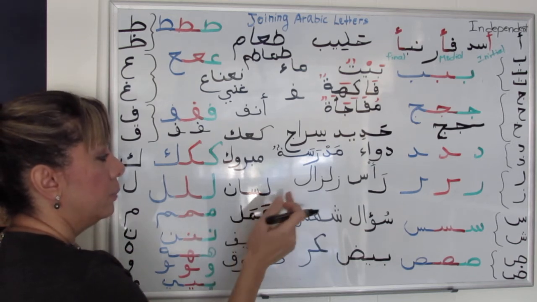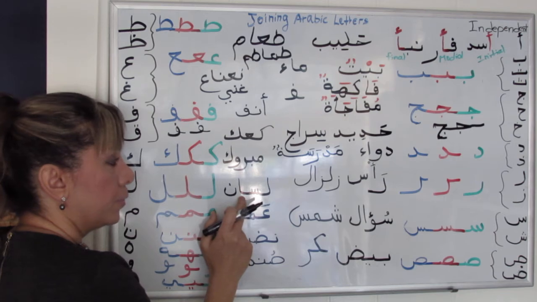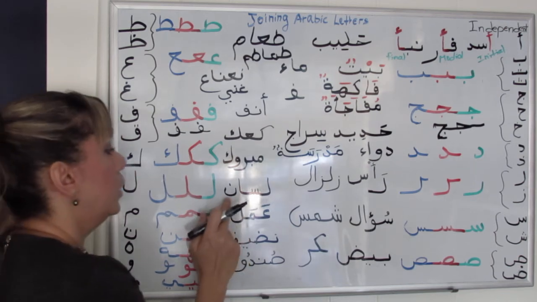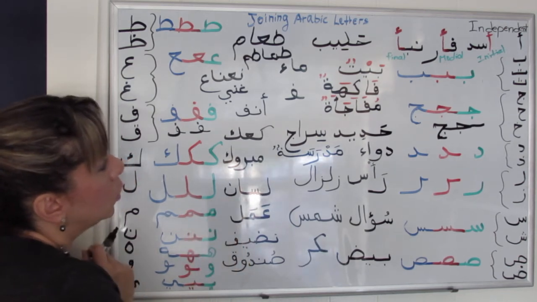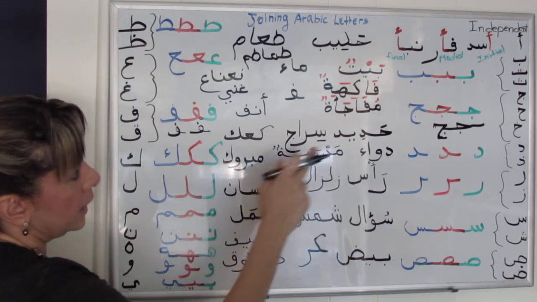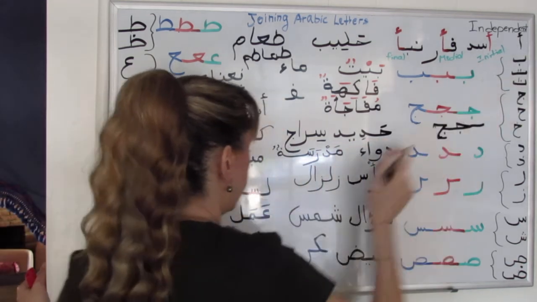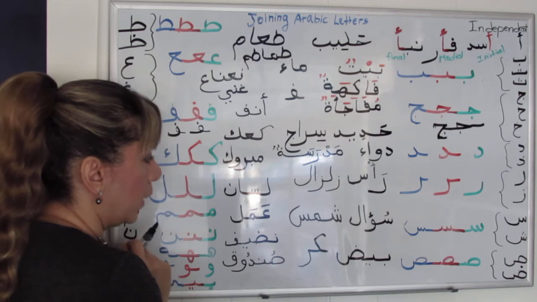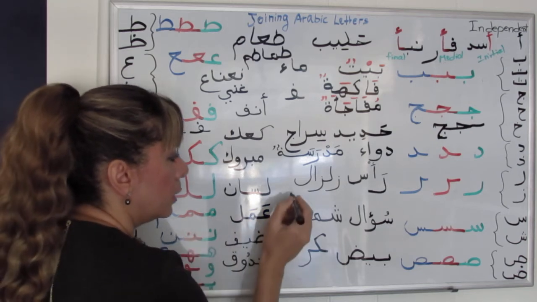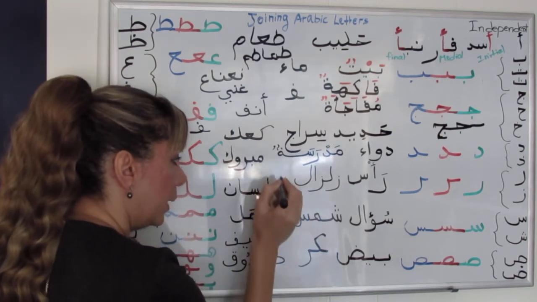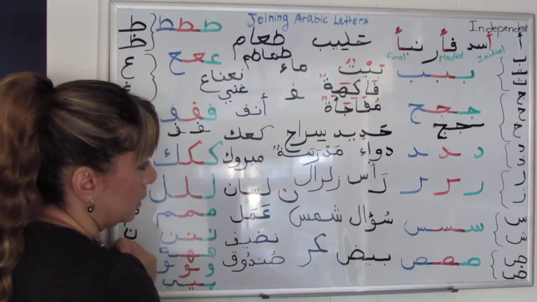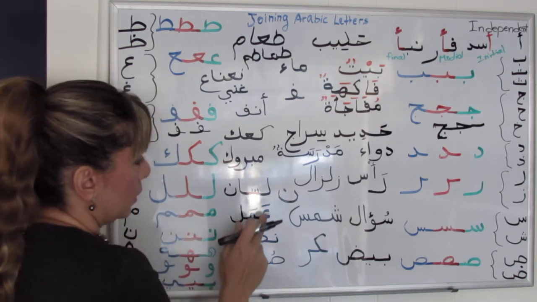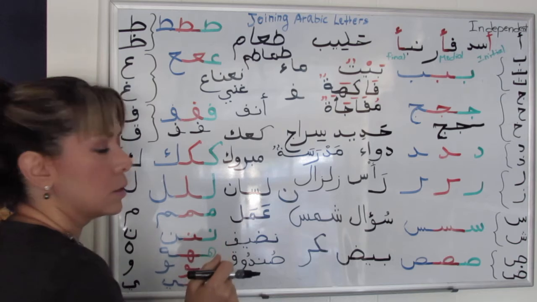Lisan, we have lam, sin, alif, the long vowel alif, and noon. Noon looks like the ba, ta, tha, but when it's in the final form or isolated, it's just like a fat belly, like this. So lisan, it means tongue.